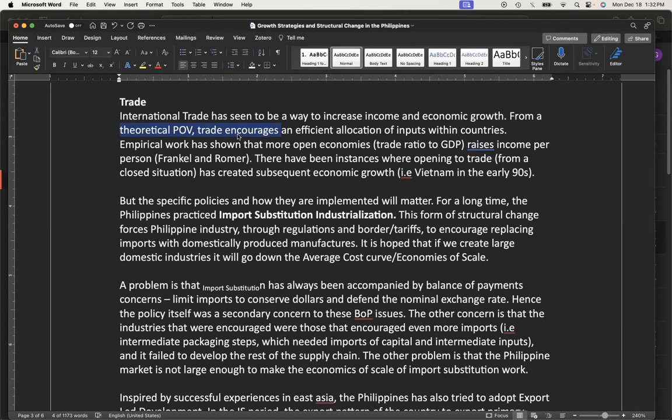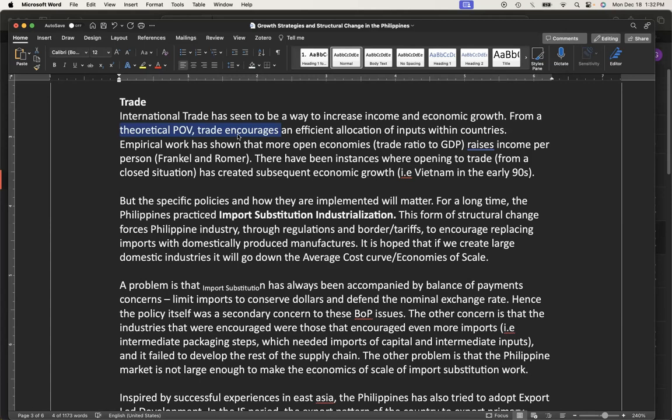So now, let's talk a little bit about the Philippines and developing countries and how they thought of understanding trade to develop their own economies and improve productivity per worker, right? So the first thing that they wanted to do was import substitution.